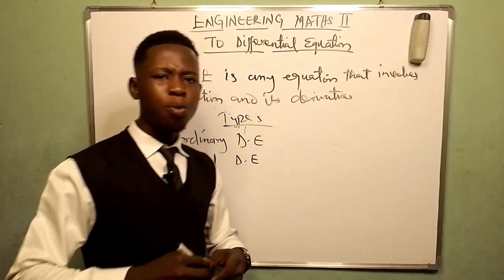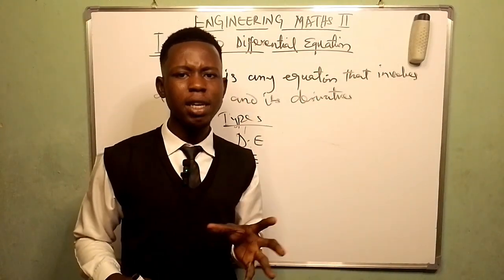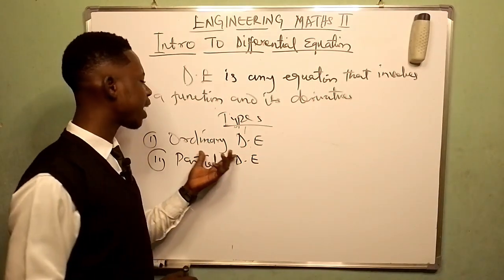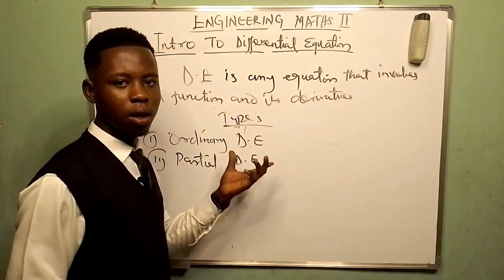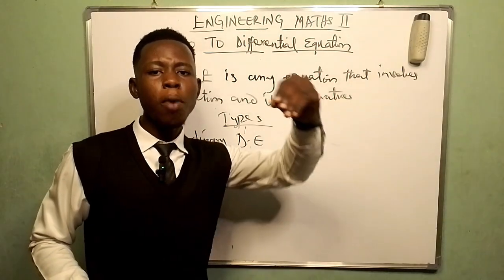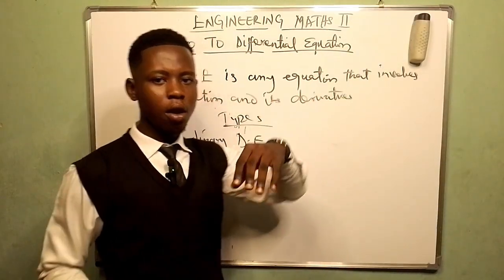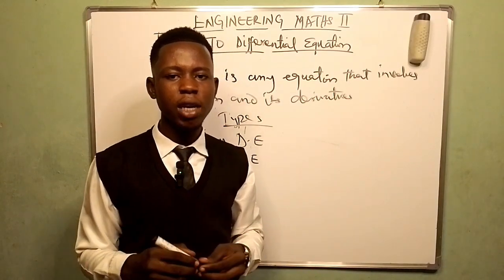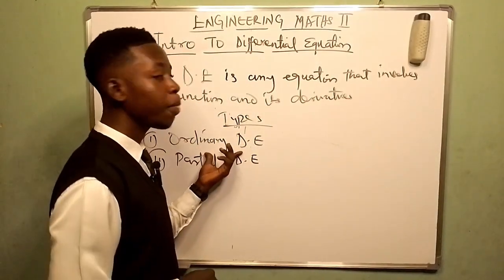The one that we'll be studying most is that of the ordinary differential equation, because under ordinary differential equation there are so many other subtypes or subclasses of differential equation.